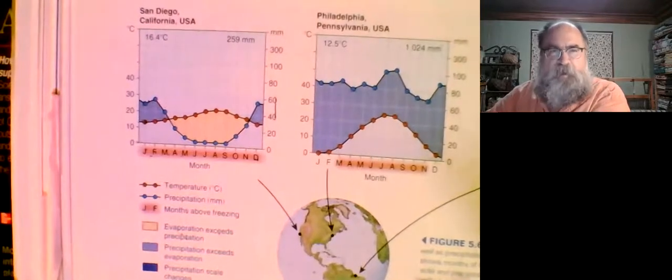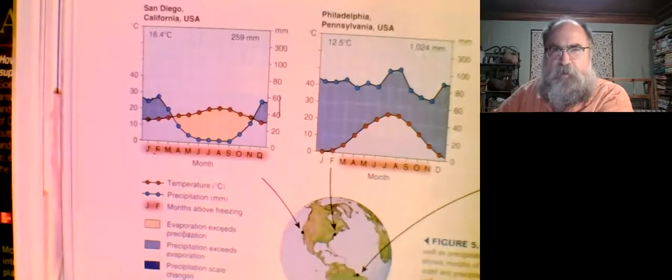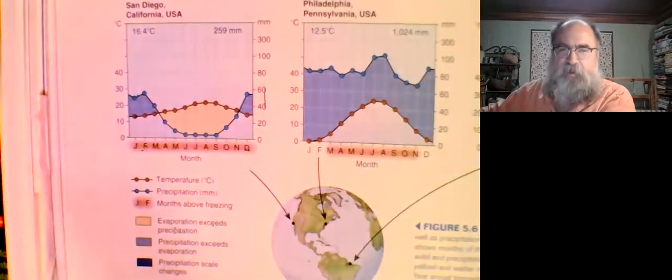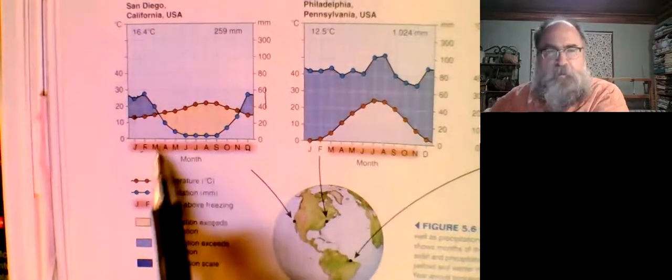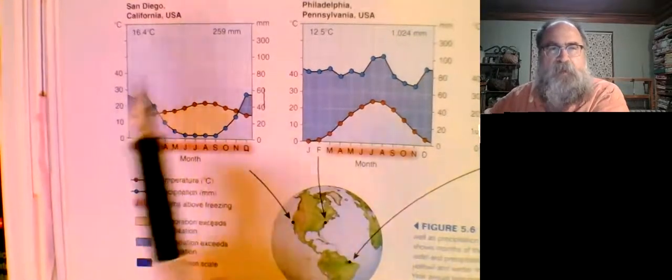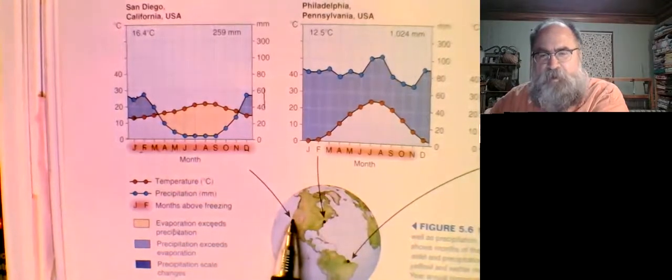When we look at the figures here, we're seeing the two major controls of what is going to occur within a biome: the abiotic factors of temperature and precipitation. And so we take a look at this. Temperature is in red, precipitation in blue, and we see here San Diego, California, way out here, just on the coast.